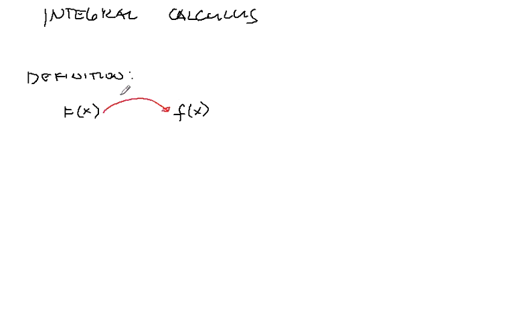Okay, so we say that F prime of x is just f(x) on a certain interval of the x-axis. So this is the derivative of F(x). So we have this small letter f(x) here.